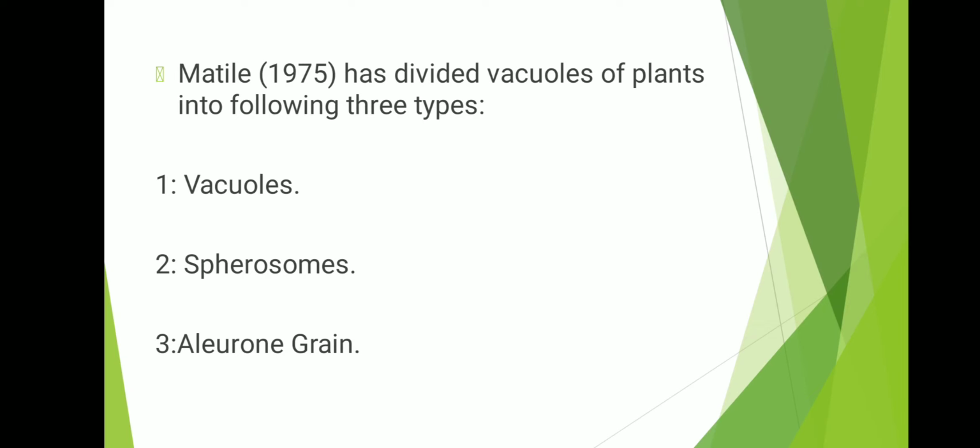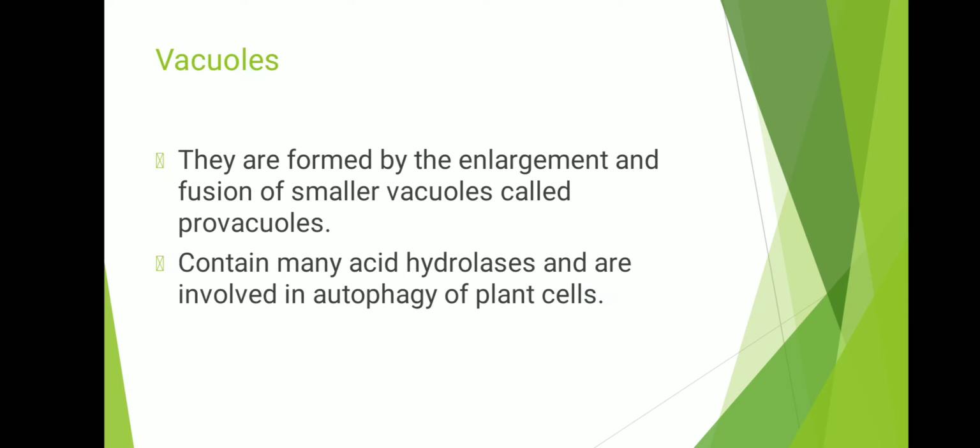Second, they found vacuole-like structures which they called spherosomes, and the third is the aleurone grain. So, as per Melite, there are three different types of vacuoles present in plant cells.